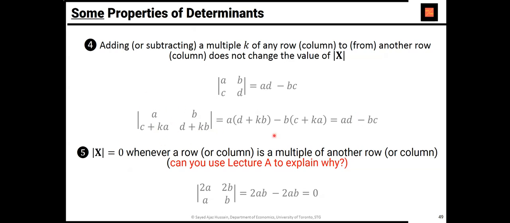I wouldn't lose much sleep on this one, by the way. And this one, of course, would be important because you should be able to use lecture A to see why having one row or column be a multiple of another row or column always gives you a zero determinant. Come on, guys, you should know this, right? Why would having this row, which you know is a multiple of that row, be guaranteed to give you a determinant of 0?